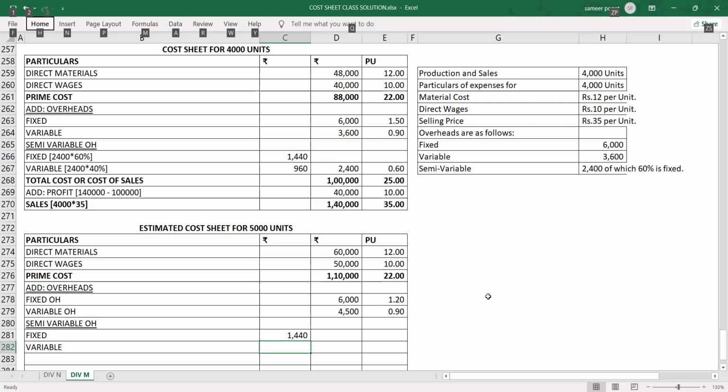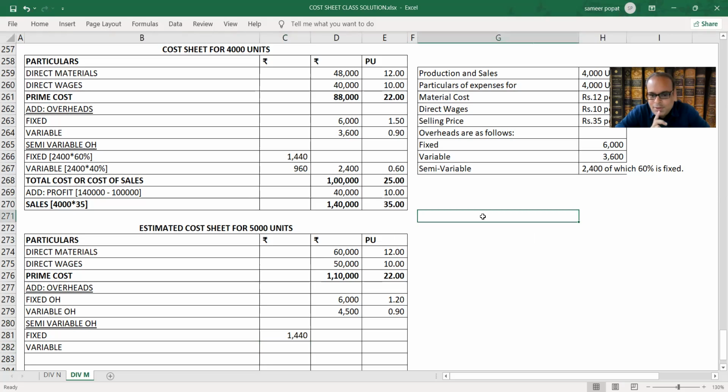How come? The per unit cost is 0.6, and we will subtract 1440 from that because it is fixed cost. Okay.